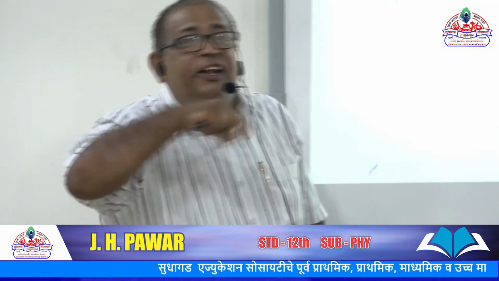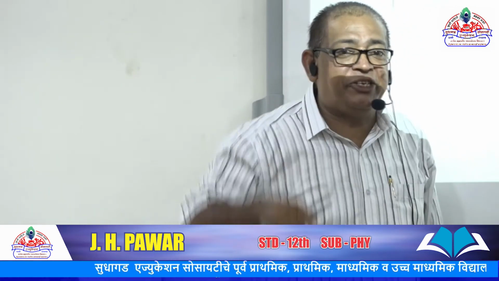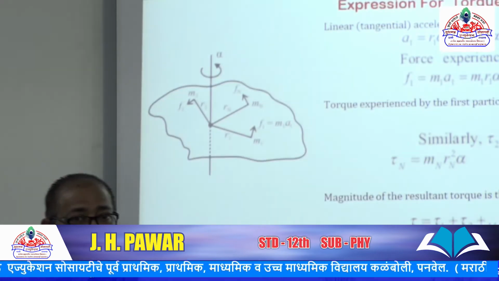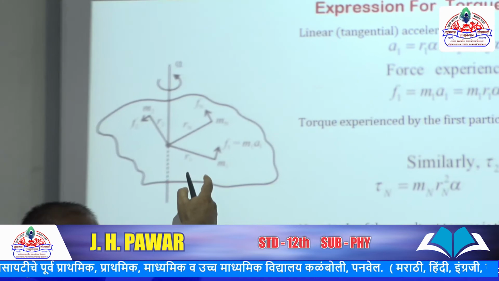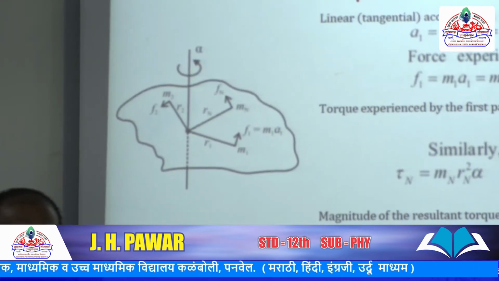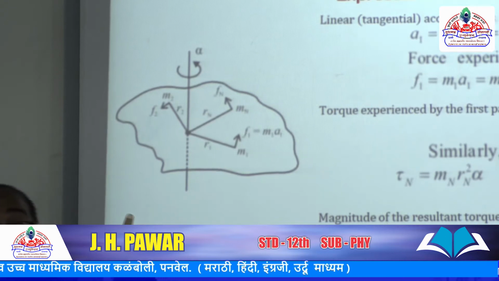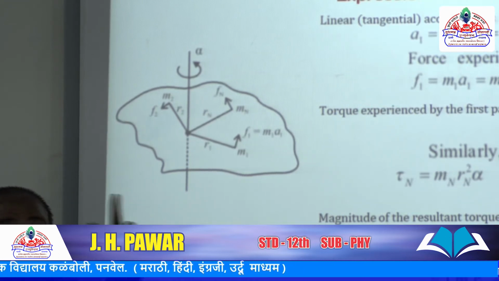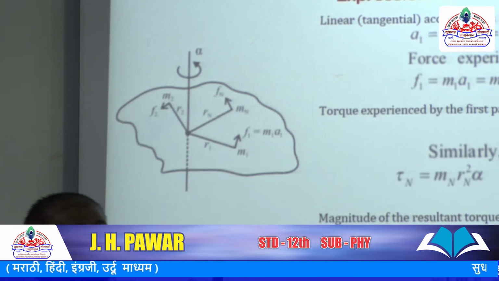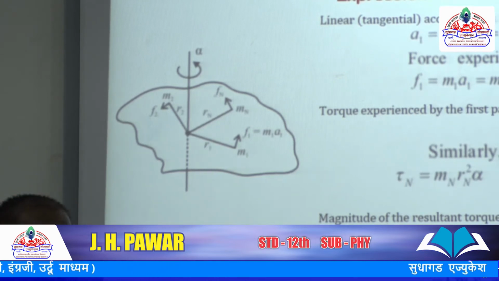It should be mentioned there, but in your book it is not mentioned. Now, again, consider a rigid object rotating about an axis perpendicular to the plane of the paper with uniform angular acceleration alpha due to torque tau.